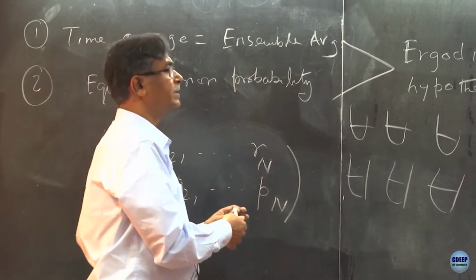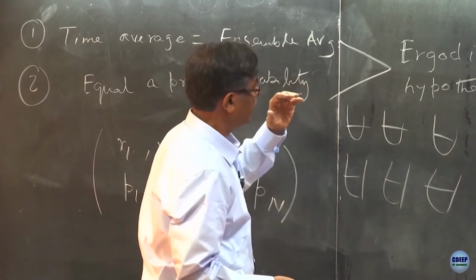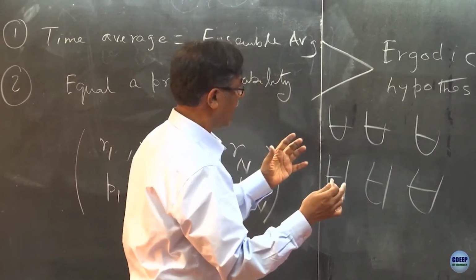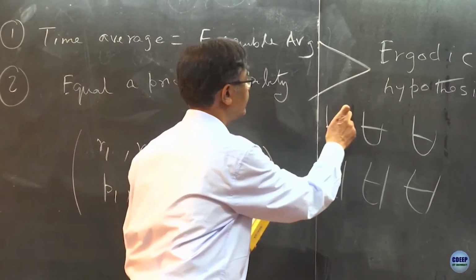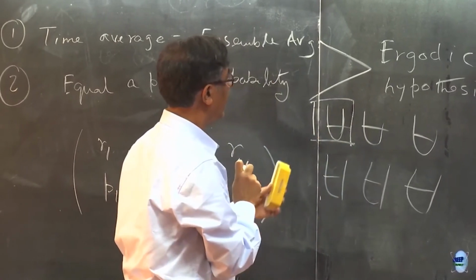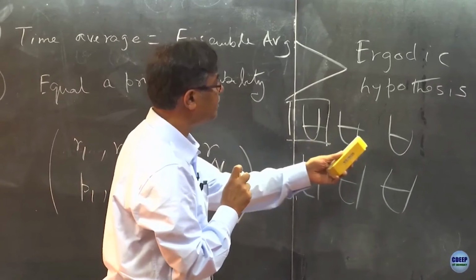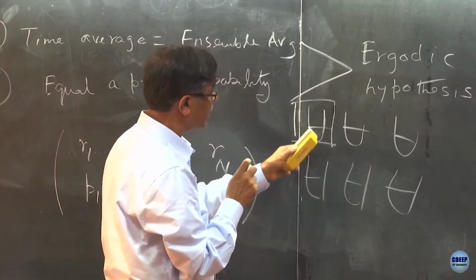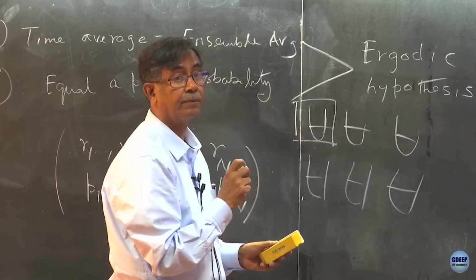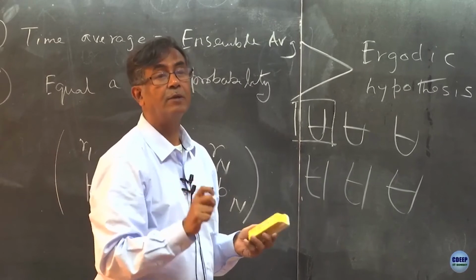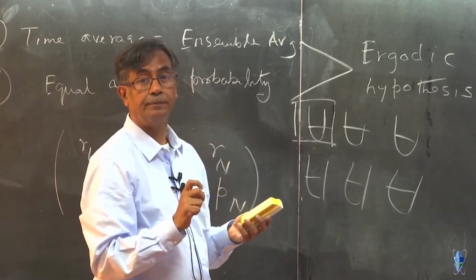So then Willard Gibbs realized that I can have a mental replica. I have just one, this is my system in question, my real system. Now I mentally construct billions and billions of mental replicas such that they are thermodynamically the same, but their microscopic states are different. So they are a mental construction. This mental construction is called an ensemble.